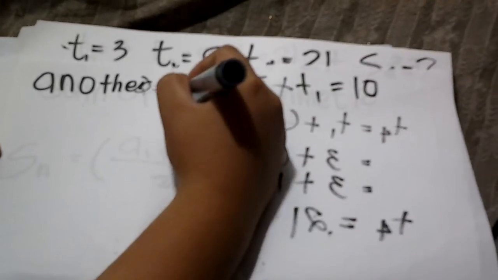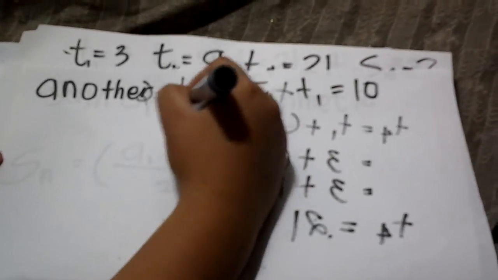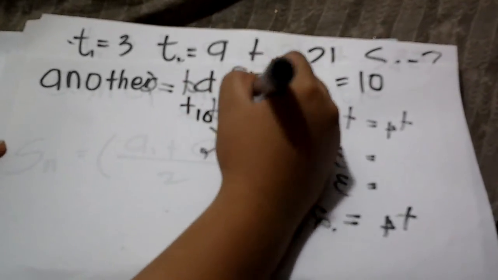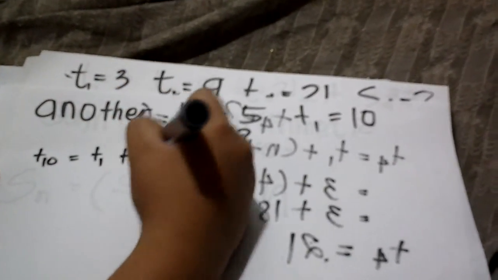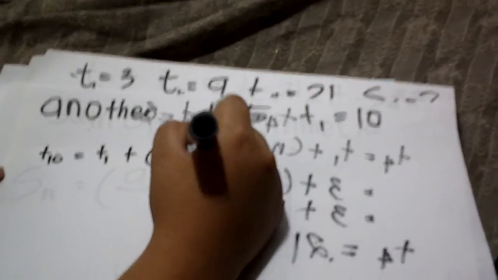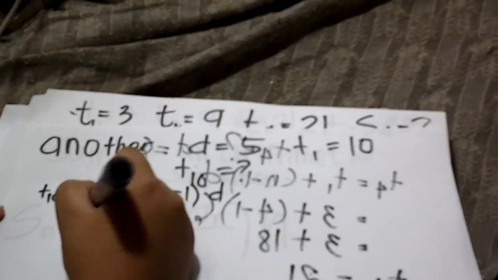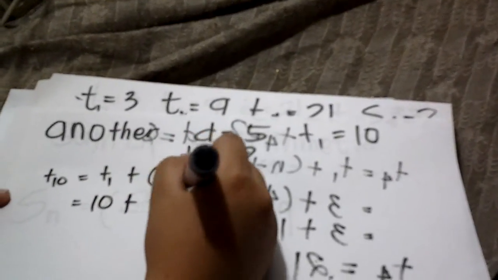Let's find t sub 10. t sub 10 is equal to t sub 1 plus quantity 10 minus 1 times d. t sub 10 is equal to 10 plus 9 times 5. t sub 10 is equal to 10 plus 45, so therefore t sub 10 is equal to 55.